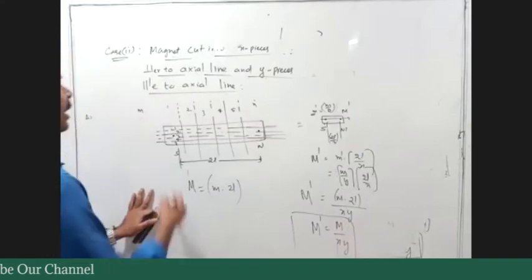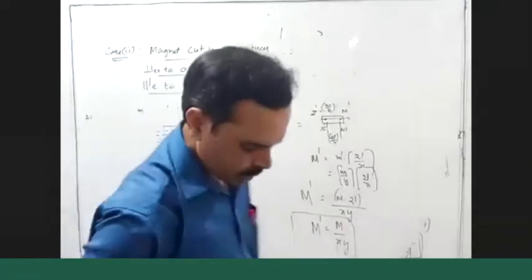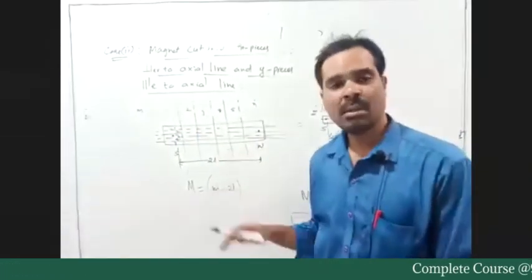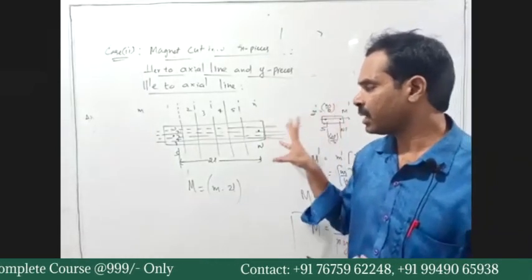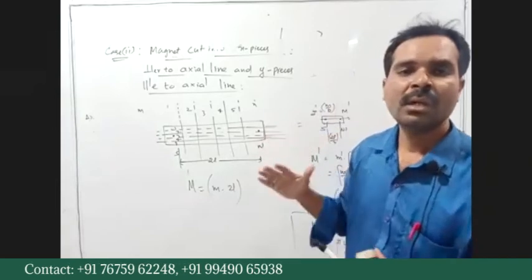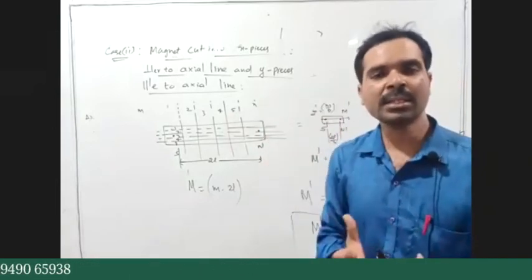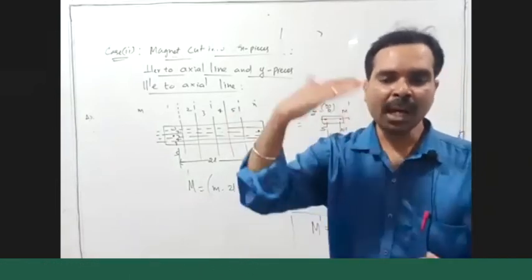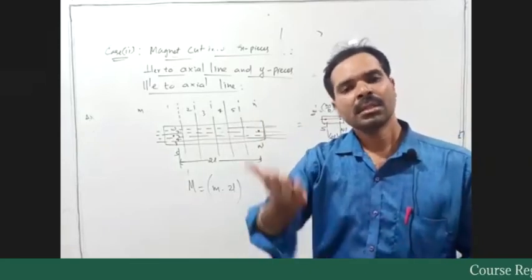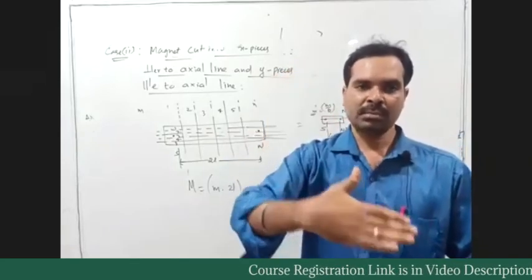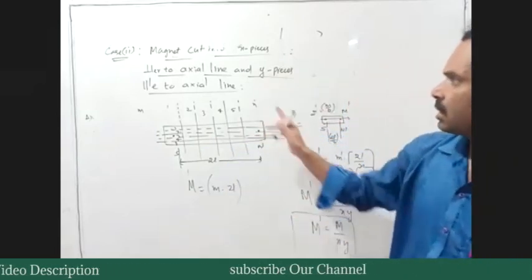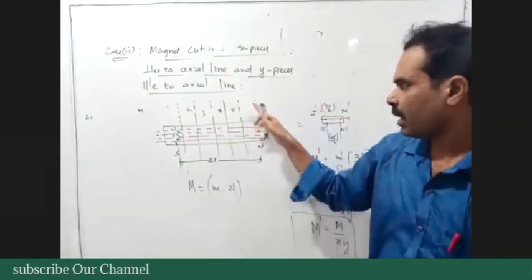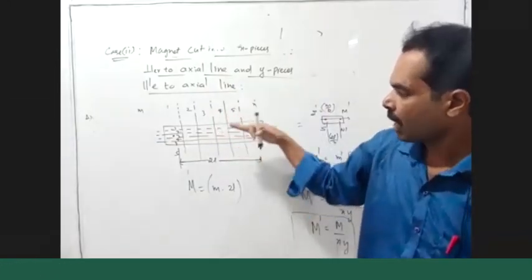m by xy. I think all of you understood how the magnetic moment of the magnet is going to change when it is cut perpendicular to the axial line, when it is cut parallel to the axial line, and simultaneously both perpendicularly and parallelly. Here, perpendicularly we are dividing into x parts, parallelly y parts.